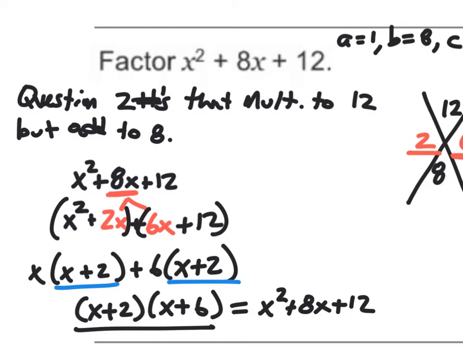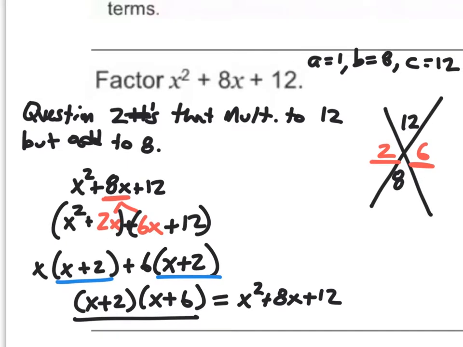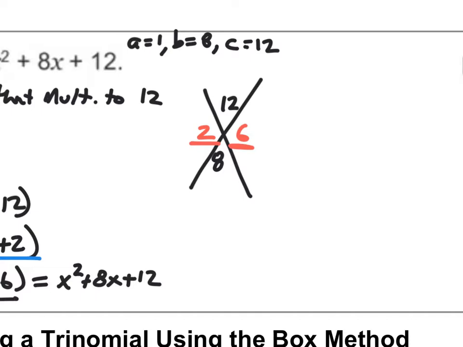Now, here's the thing. I like this box method because I'm going to use this later on. You may be familiar with this already, but this is kind of a special case, and I want you to write this down.